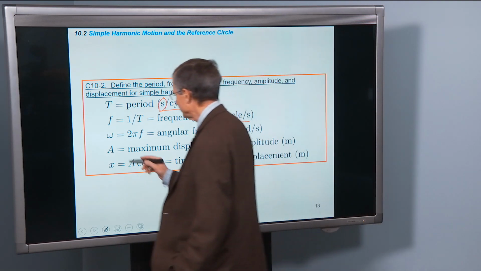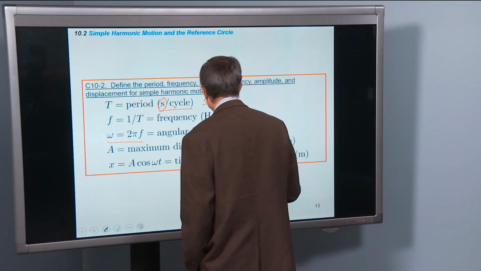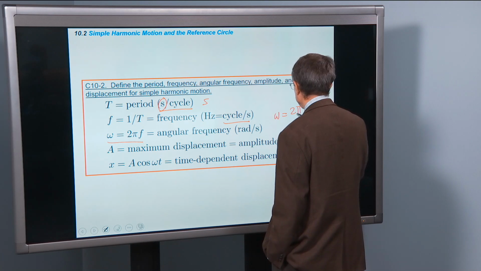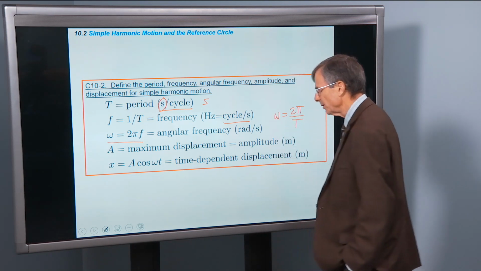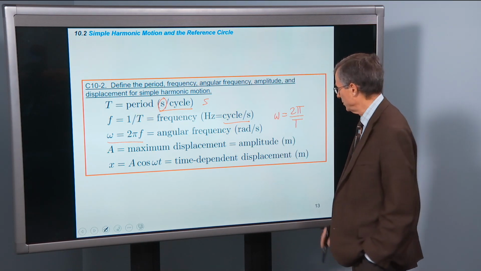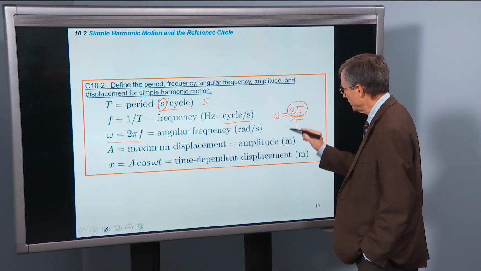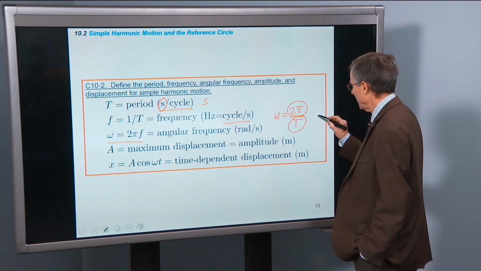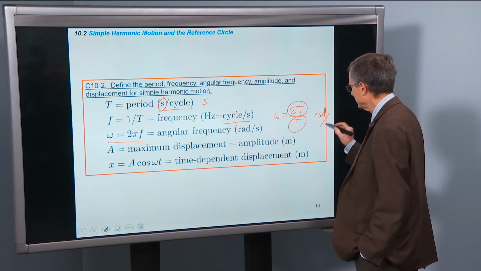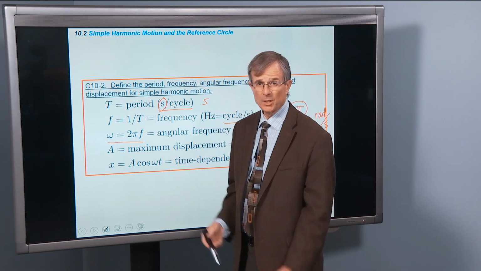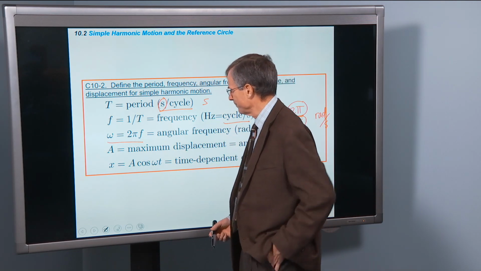Omega is 2 pi f. The other way that we just wrote it in the last slide is 2 pi over T. And you can remember it either way you want to. This way reminds you that 2 pi is in radians, period in seconds, and omega is measured in radians per second. This way, omega is 2 pi f, is also a convenient way to write it.